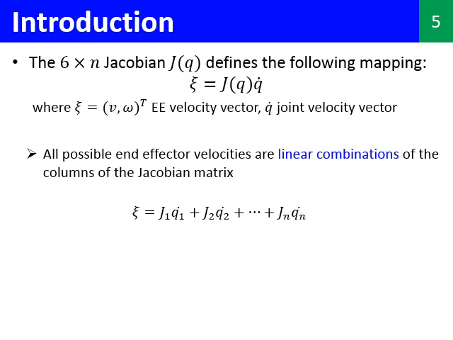So we have J equals J1, which is the first column, J2 is the second column, and we have Jn to be the nth column. So the end effector velocities will be linear combinations of these column vectors.